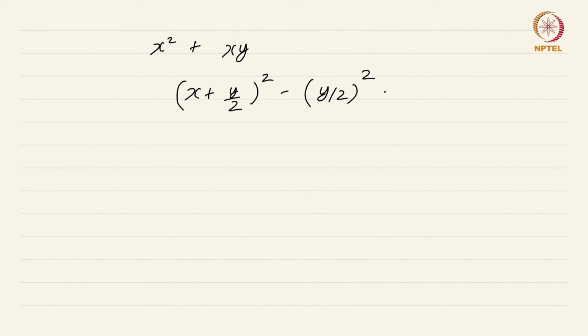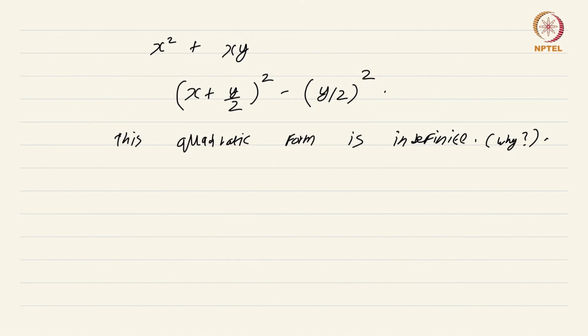So this was a rather straightforward thing. This quadratic form is indefinite. Why is it indefinite? Think about why this is true.